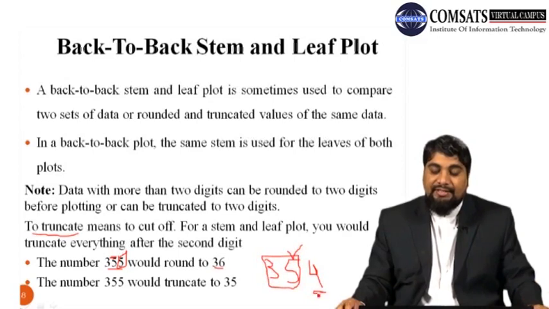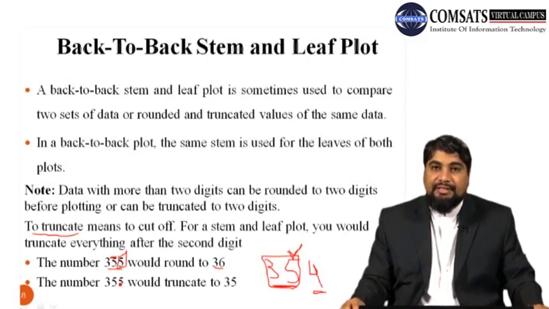And if it is less than 5, then we will keep the same number. So 354 will be rounded to 2 digits and it will be equal to 35. But here we have 355, where the digit is 5, so we will round it to 36. So this is how to round the digits.